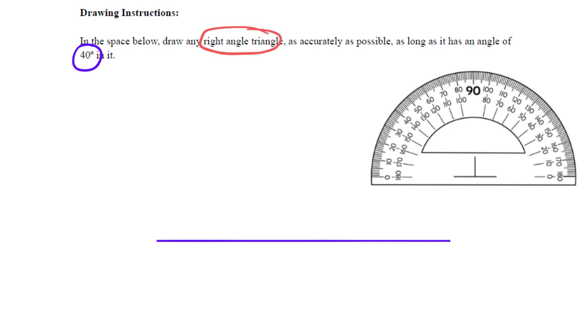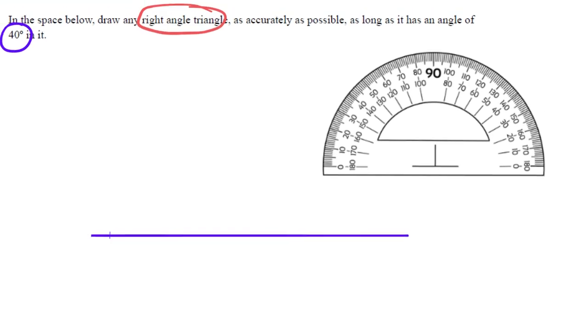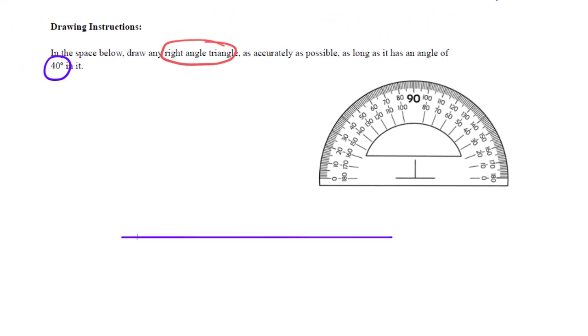And actually, I think my pencil might even be too thick. So I'm hoping you can see it. I'm going to zoom in, but there's my little tick. I want to make it as accurate as I can so that I'll get the most accurate results. Remember, accuracy matters, exactness matters.